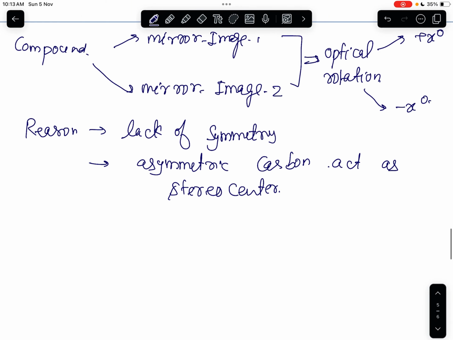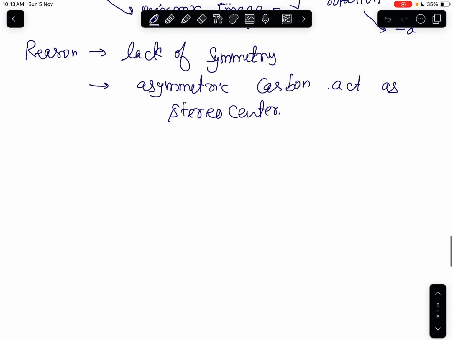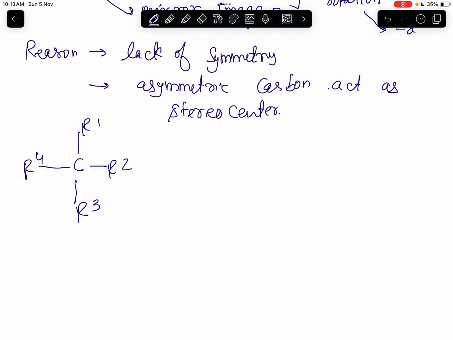So how can we say? The scientist predicted that if the carbon atom has four different groups R1, R2, R3, R4, then the center will be asymmetric, and the stereocenter is asymmetric and the compound will be optically active.